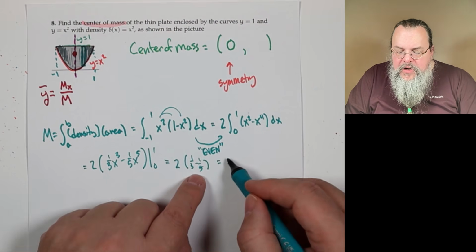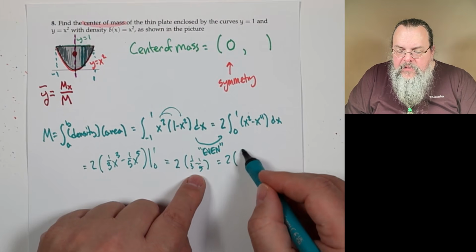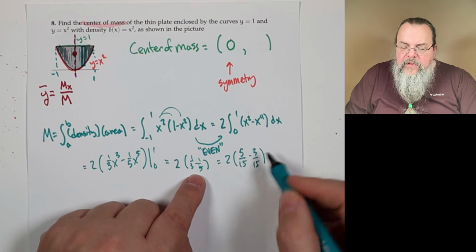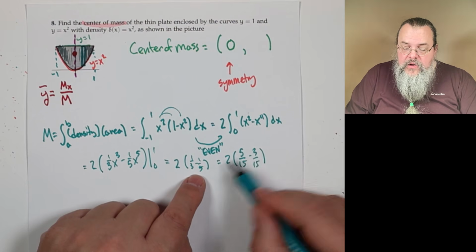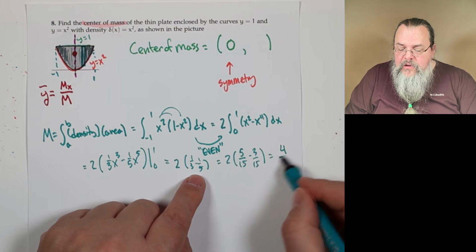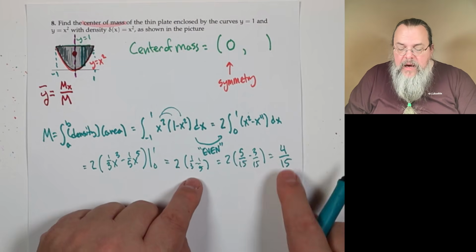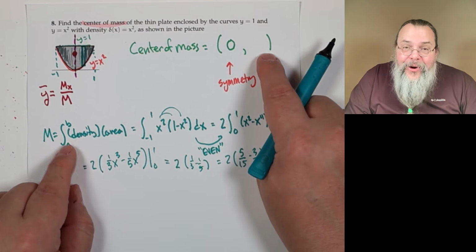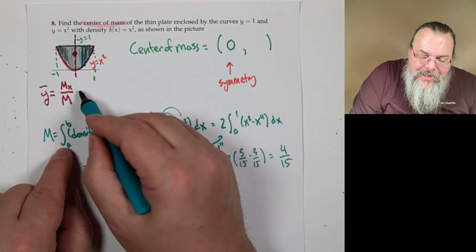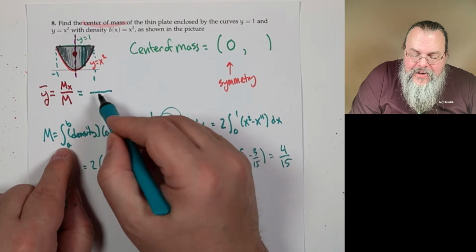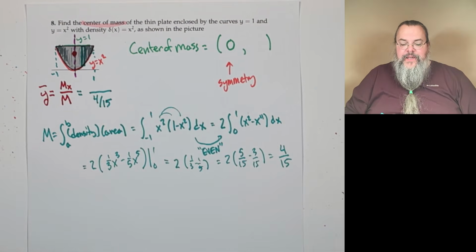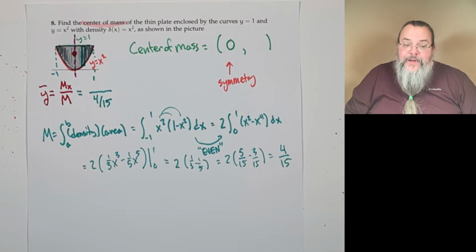Or if you get a common denominator of 15, that's 5 over 15 minus 3 over 15. 5 minus 3 is 2. 2 times 2 makes 4. So that's 4 over 15. So that's the mass. Is that the coordinate? No. But it's the denominator. So that's something. 4/15.